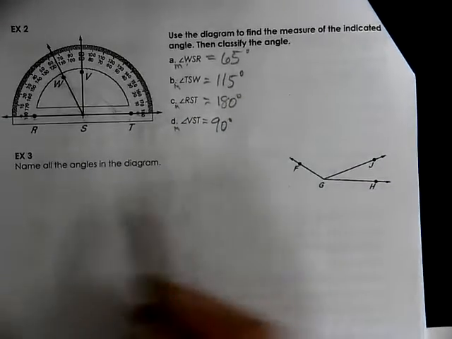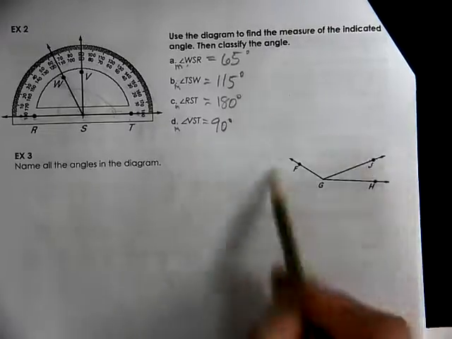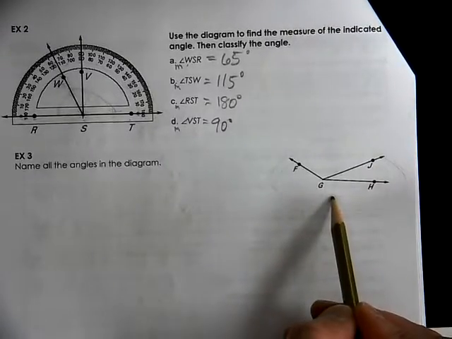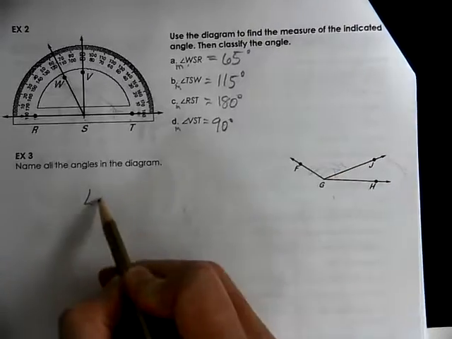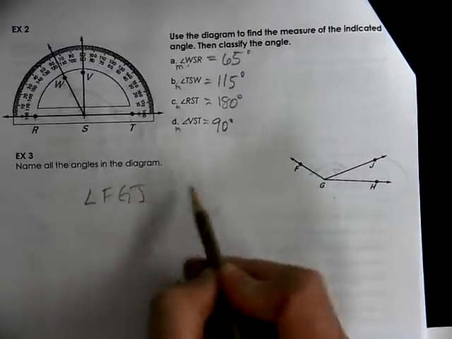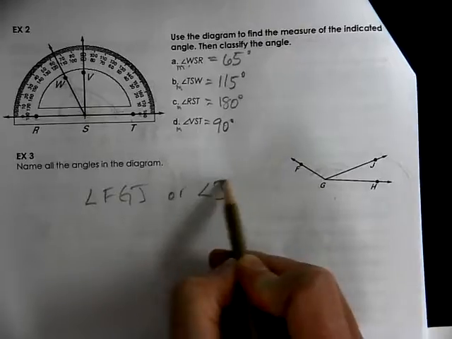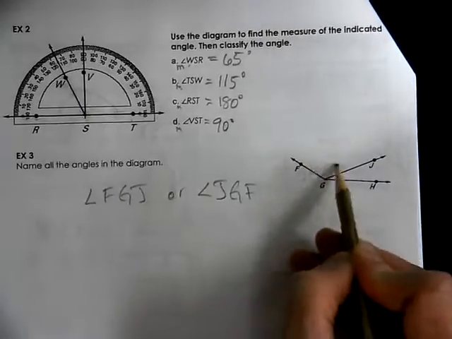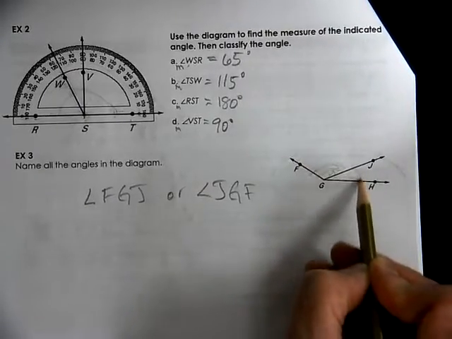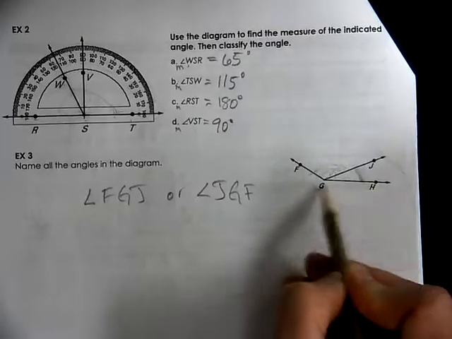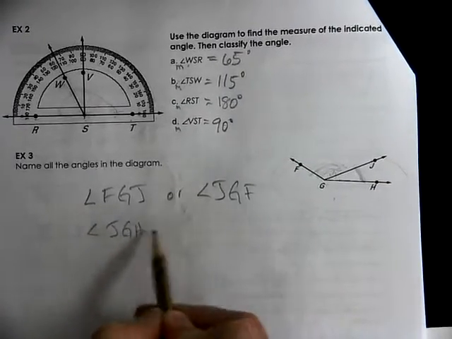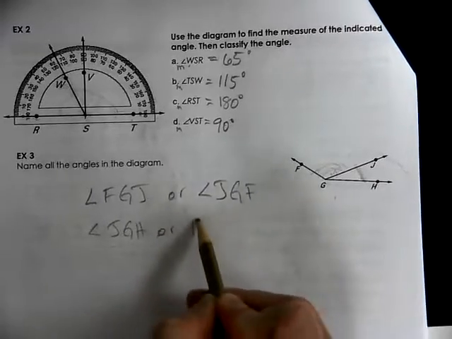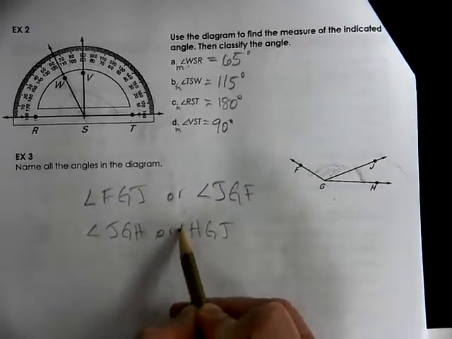The last question is having us practice naming our angles again. So we have angle FGJ or angle JGF. Or the right one out here, we have JGH or HGJ.